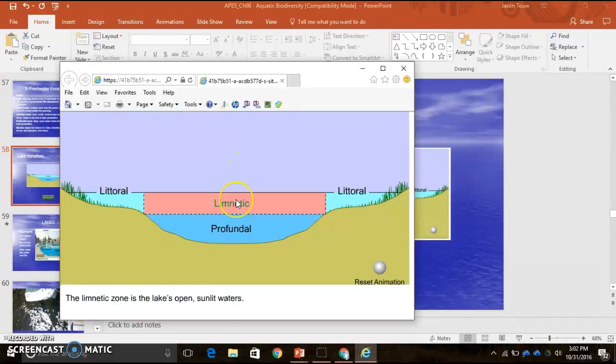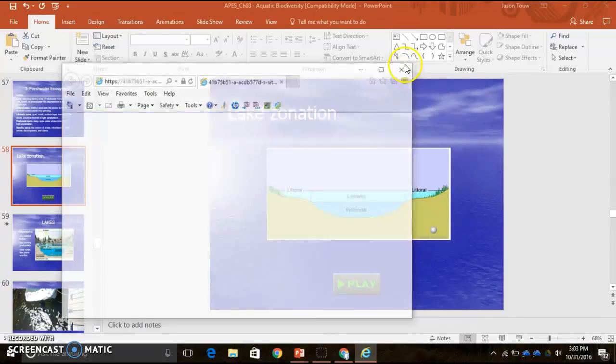Out here, the open part of the lake, where we get lots of sunlight, that's going to be called the limnetic zone. And down here, where there is no light, similar to the abyss of the ocean, is called the profundal zone. The benthic is everything on the bottom. It's not labeled here, but it's everything along the bottom.